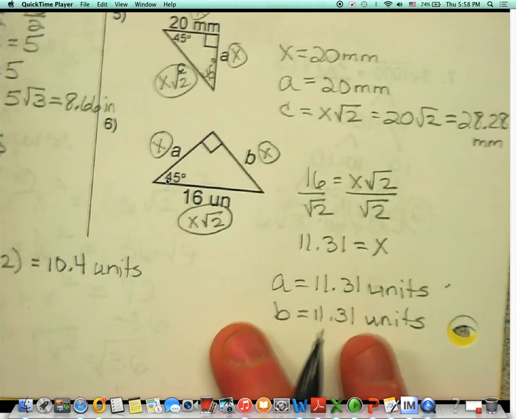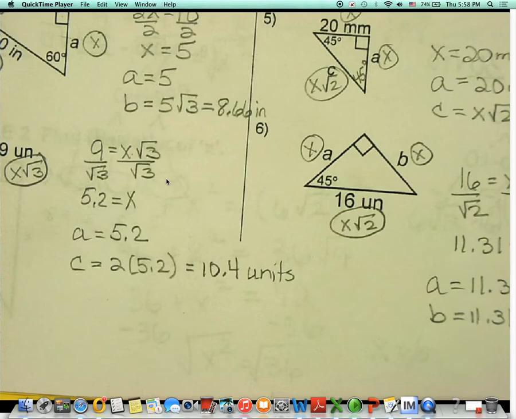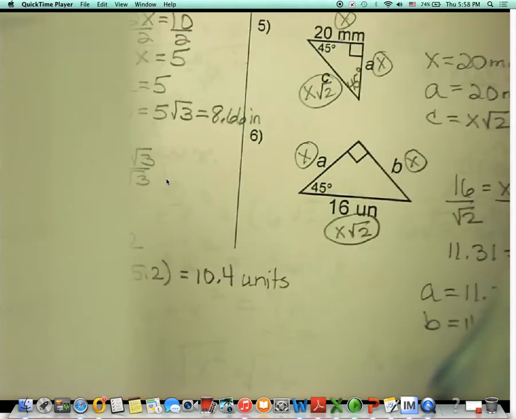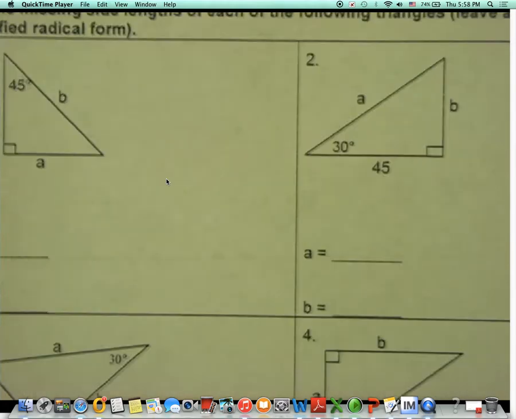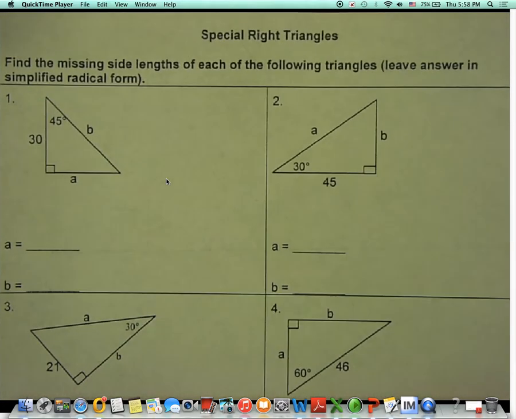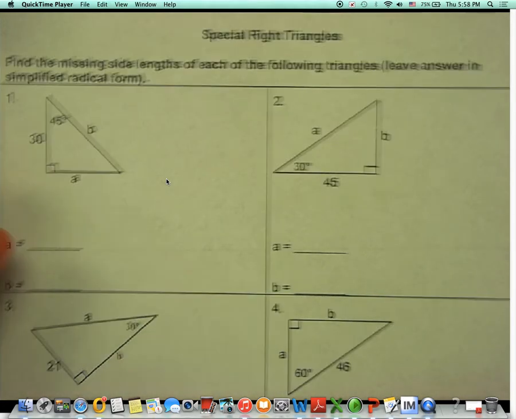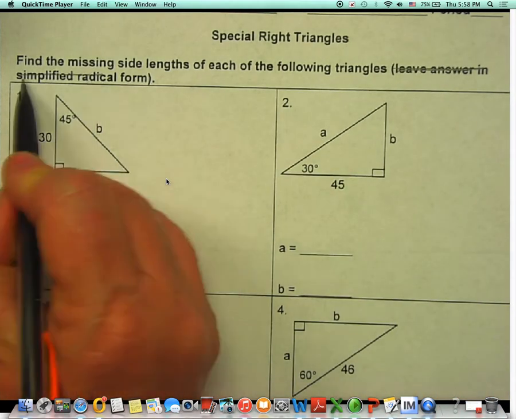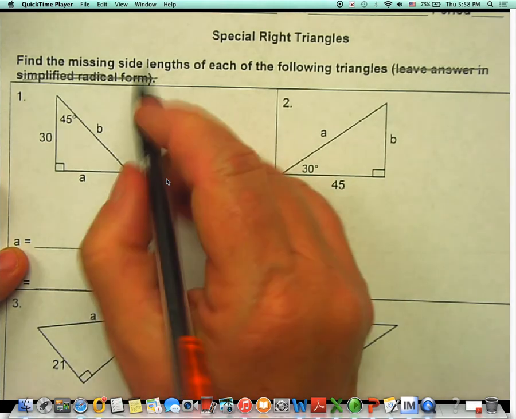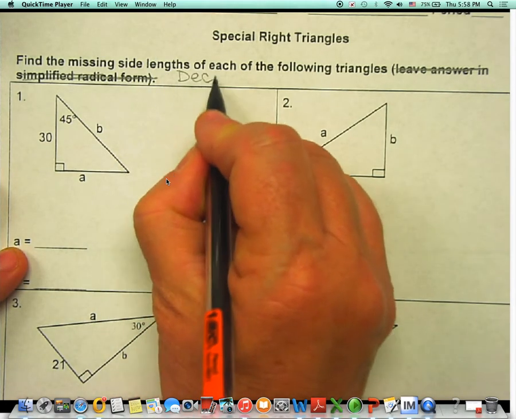Okay, what you're going to do next is you have a special right triangle paper to do. So you're going to find the missing side lengths of each of the following triangles. We're not going to leave our answer in simplified radical form. We're going to do that another time. This time we're actually going to do it in decimal form.